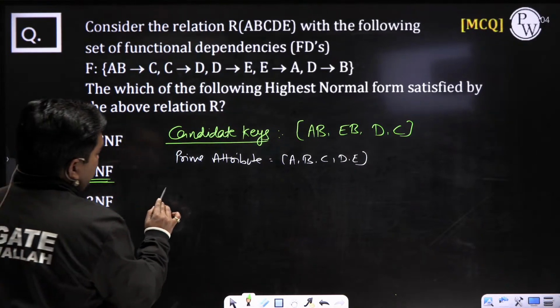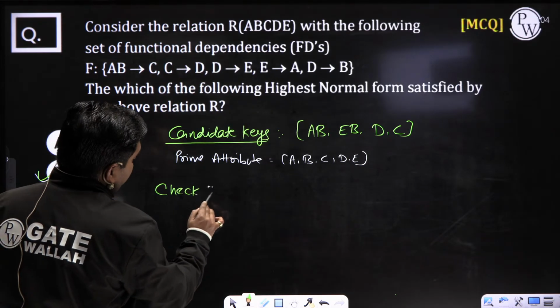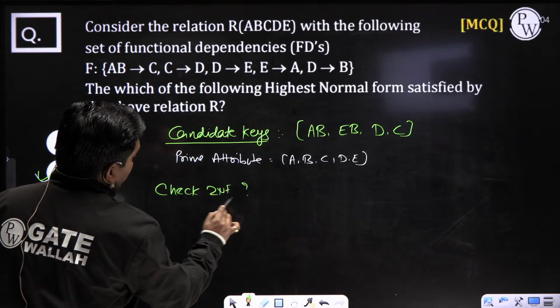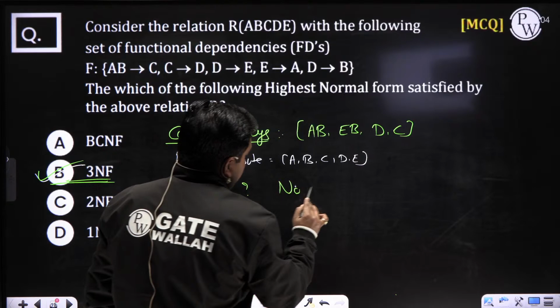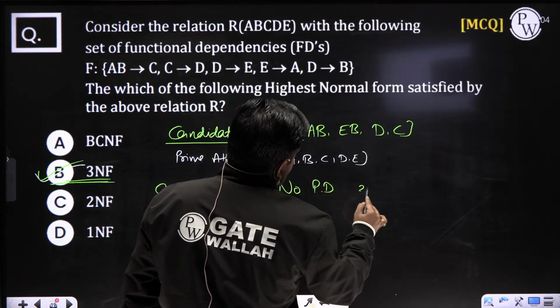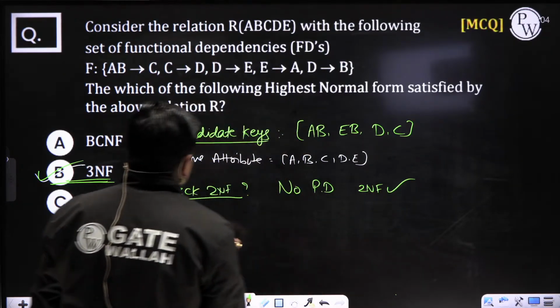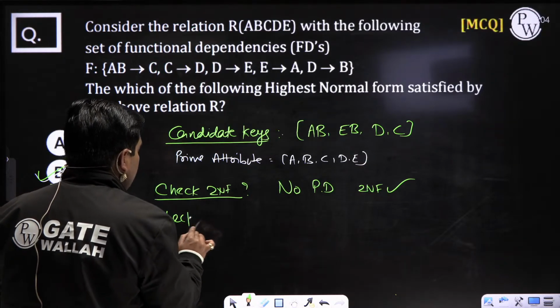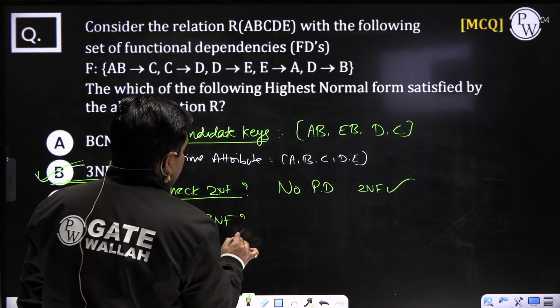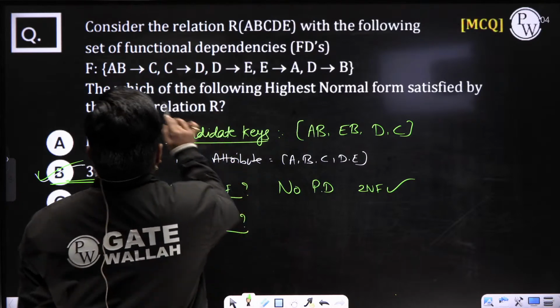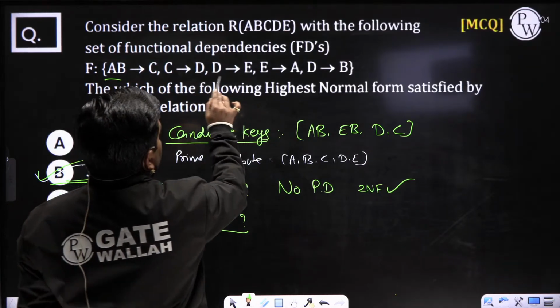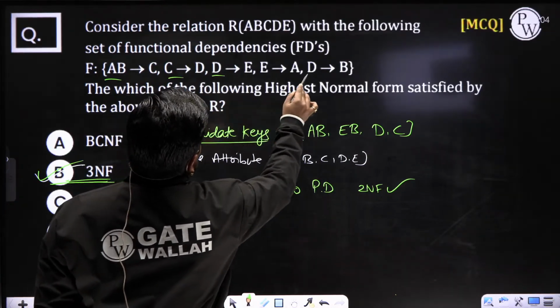Because whenever you check for 2NF, there is no partial dependency. So 2NF, yes. Whenever you check for 3NF, either X is a super key or Y is a prime attribute.